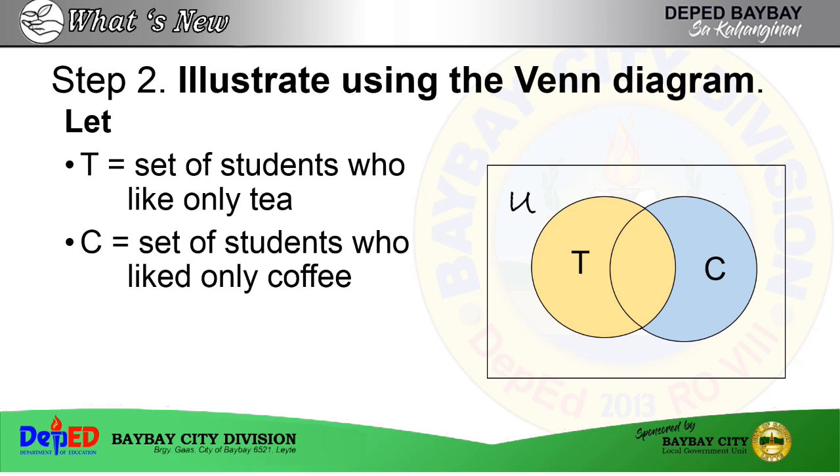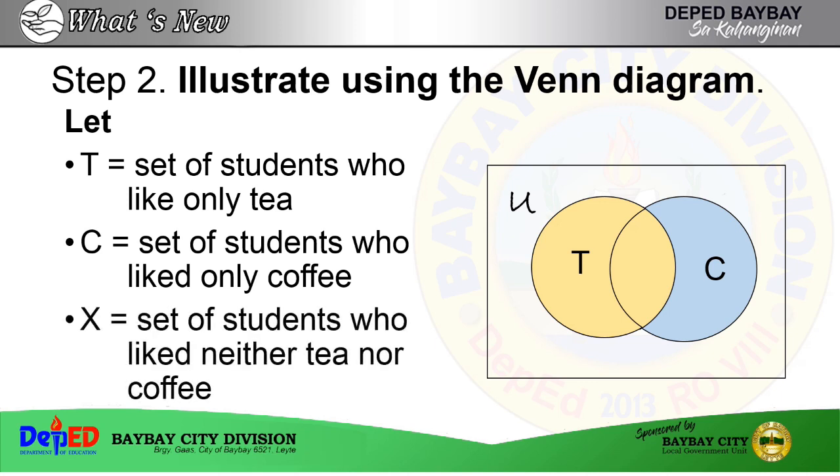Let X be the set of students who like neither tea nor coffee. Neither means not either, so it means the students who do not like tea and coffee. This portion is outside the two overlapping circles. You can see the X as a representation of not either. This uses the concept of a complement.